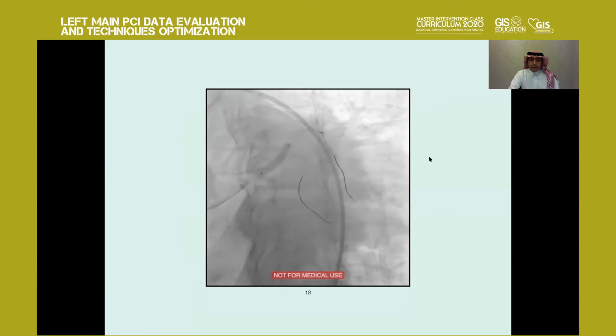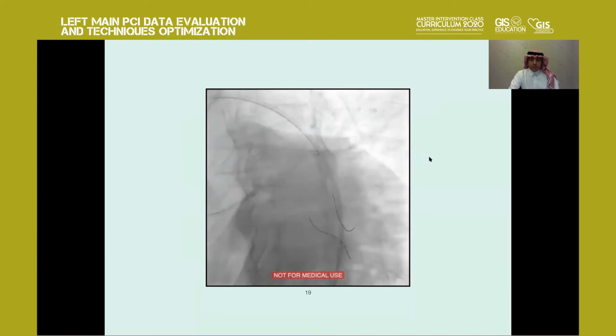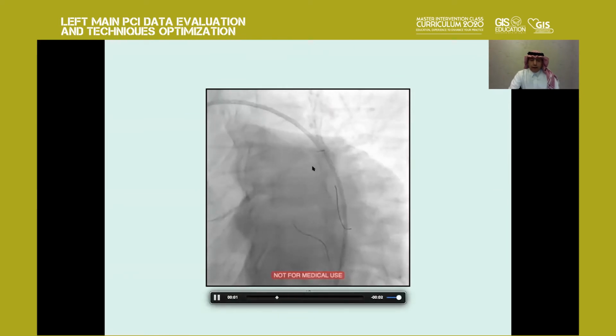I inflated briefly to nominal pressure. Blood pressure went down, of course. But then things went back to normal. He regained normal blood pressure. At that stage, I was happy that there was no block shift to the circ.